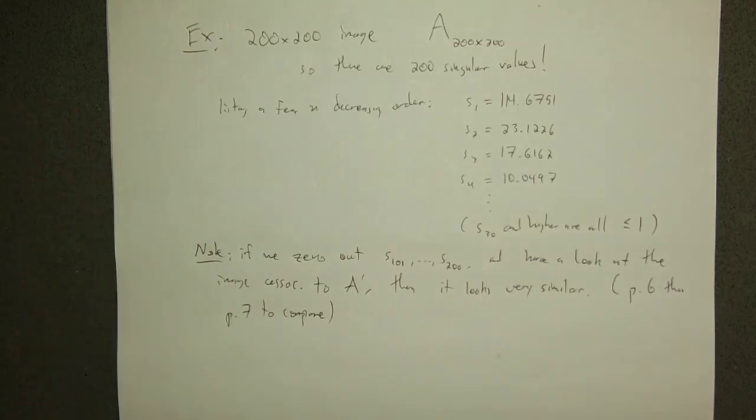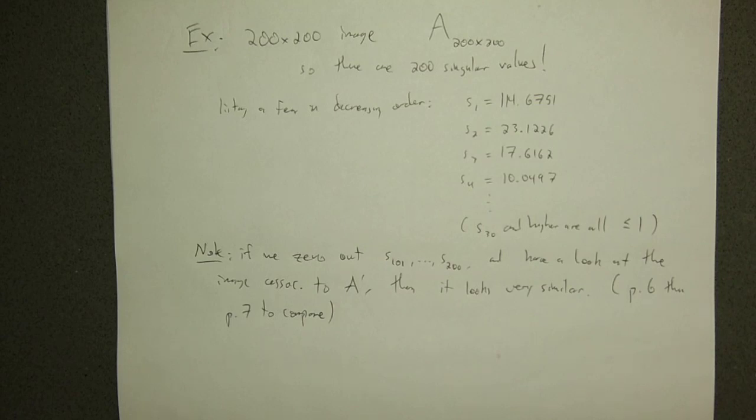Page 7 is the image that you've generated from your matrix A prime, obtained from this SVD product, where you have altered sigma to be sigma prime. You've tossed out the last 100 of the singular values, right? So you get 200 singular values total. Toss out the last 100 of them, okay, and you get an image that looks very similar.